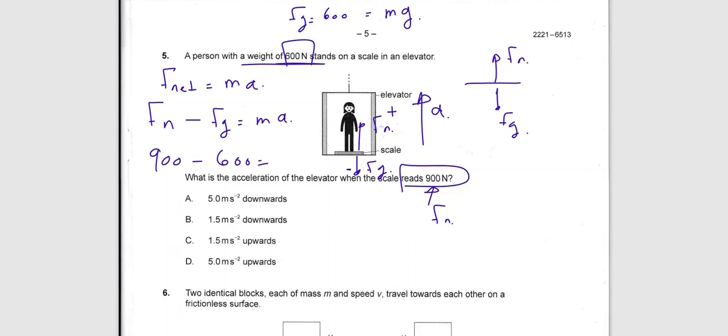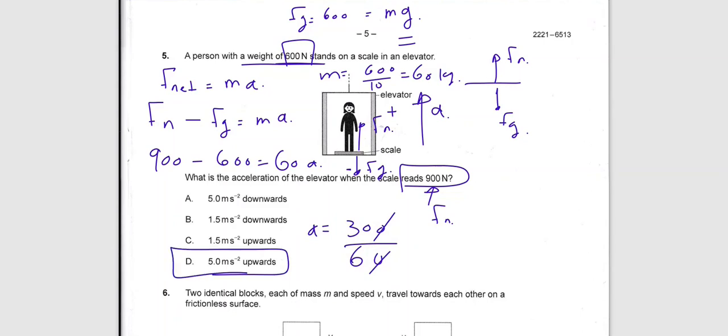If I assume free fall acceleration is 10, then 600 divided by 10 gives me the mass, which is 60 kilograms. So 60 times a equals 300, so a is 300 divided by 60. This will be 5 meters per second squared upwards, the value of the acceleration.